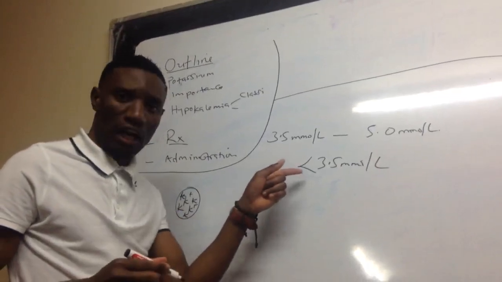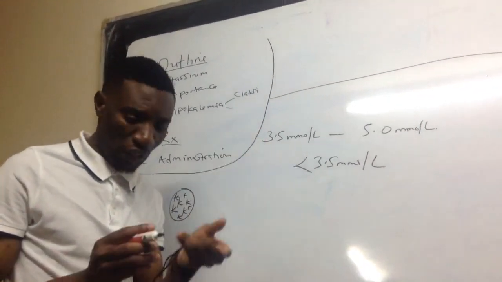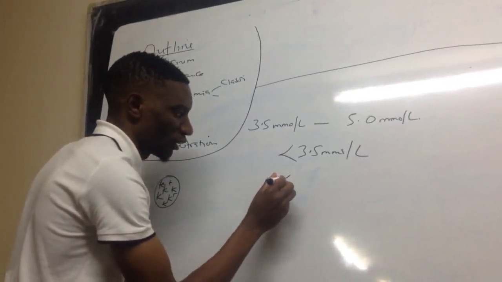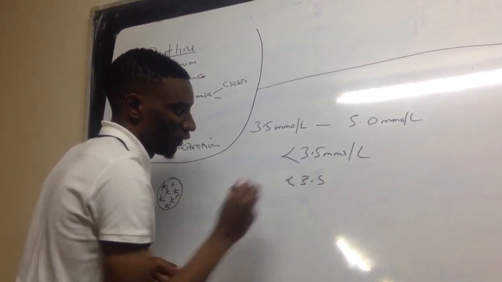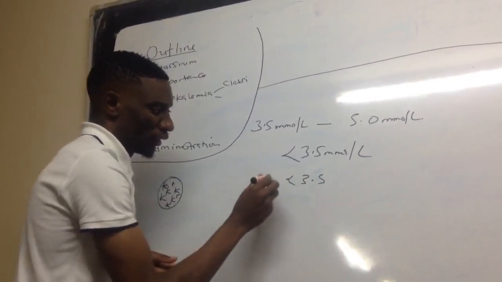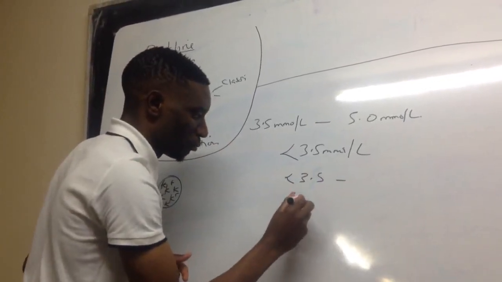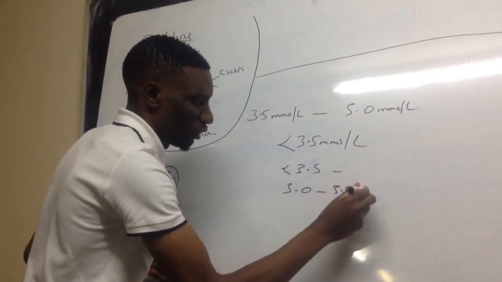Hypokalemia is classified as mild, moderate, and severe. For mild, we are looking at values of about 3.0 to 3.5 millimoles per liter.